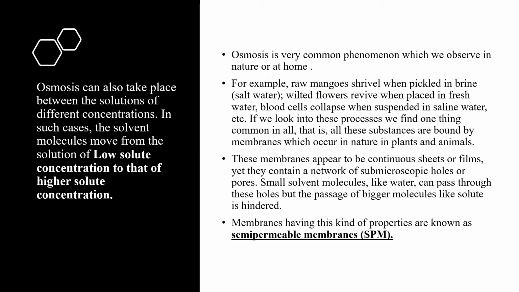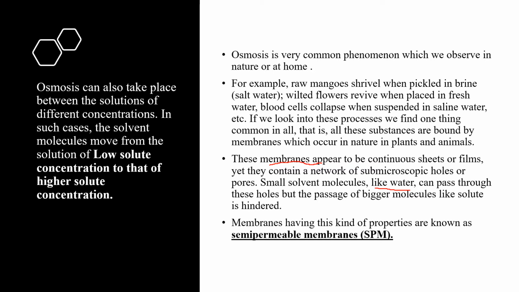These membranes appear to be continuous sheets or films, yet they contain a network of submicroscopic holes or pores. Small solvent molecules like water can pass through these holes, but the passage of bigger molecules like solute is hindered.